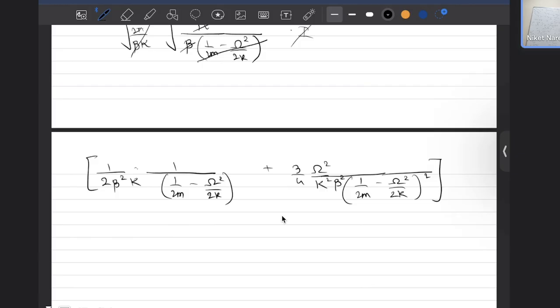So I need a kappa and I need 2 kappa in the denominator both.